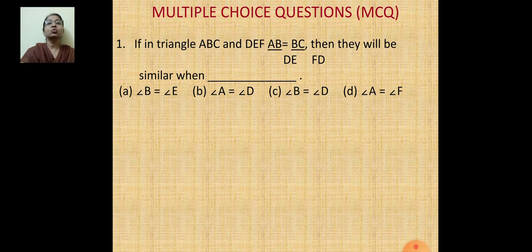See, two sides are in proportion. Okay, so you have to find out which pair of included angles are equal here, so that the triangles are similar by side angle side criteria. So you have to find out the correct pair of included angles. This is one.